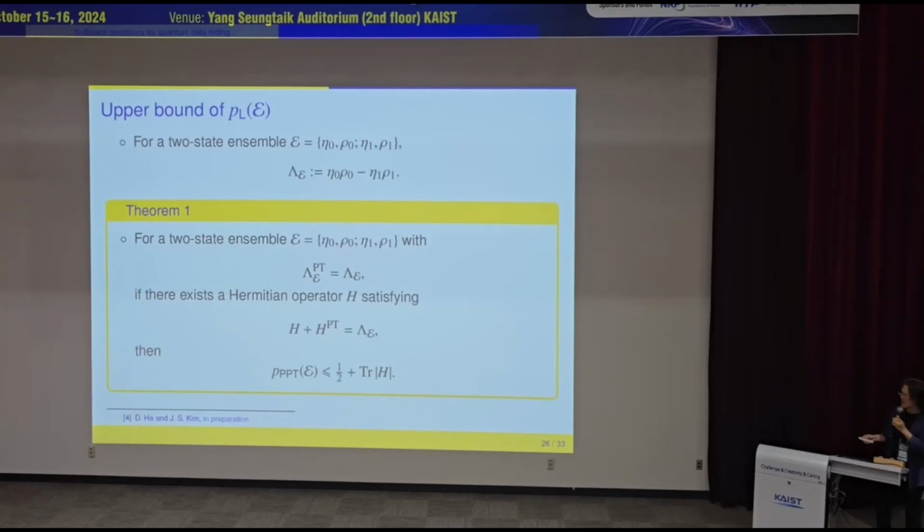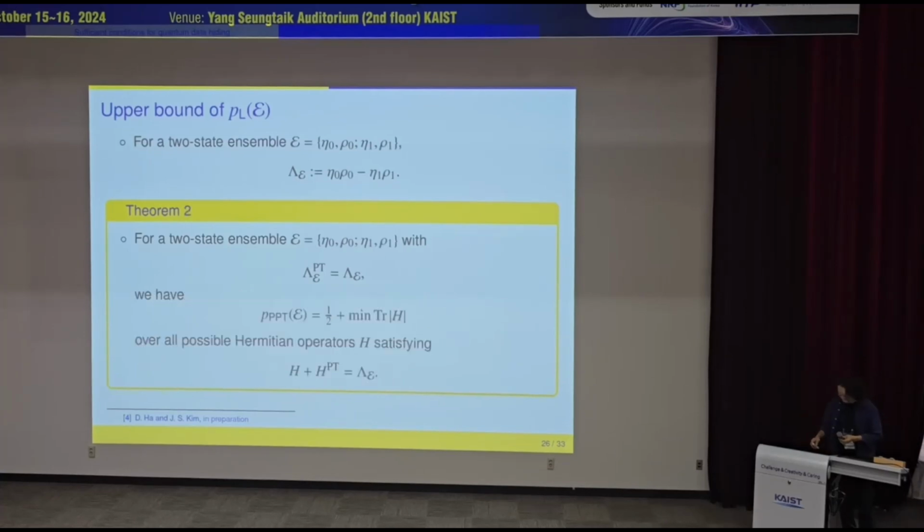For any such H, its trace norm gives an upper bound of P_PPT. And moreover, the minimum among such H which decompose this lambda_epsilon gives the actual value of P_PPT of epsilon.